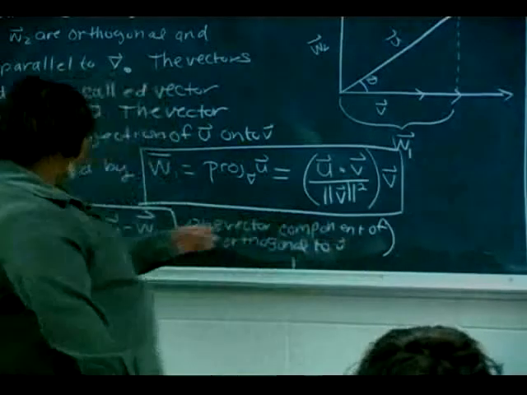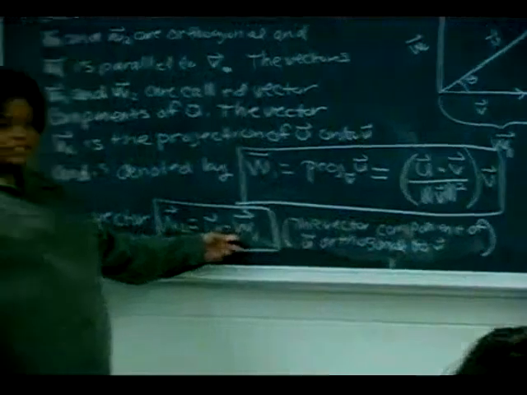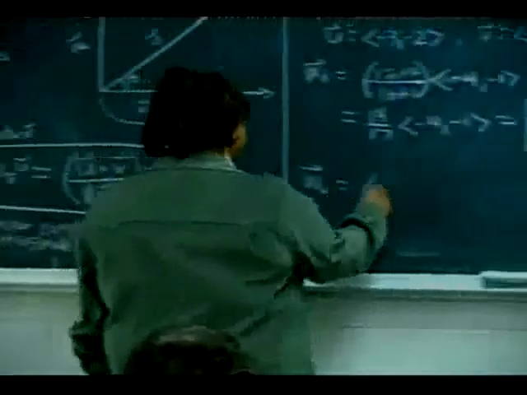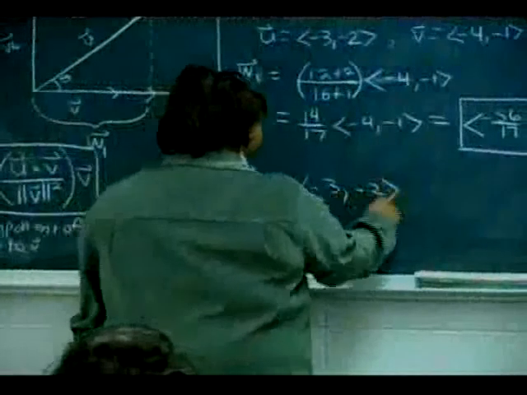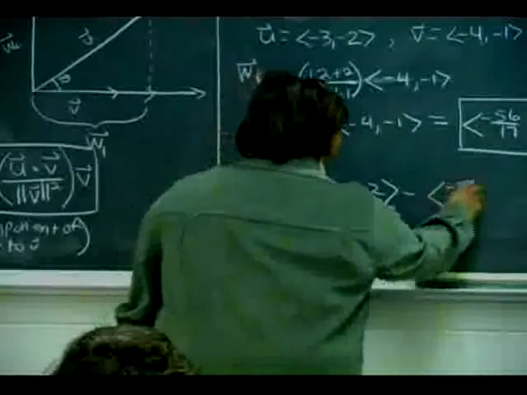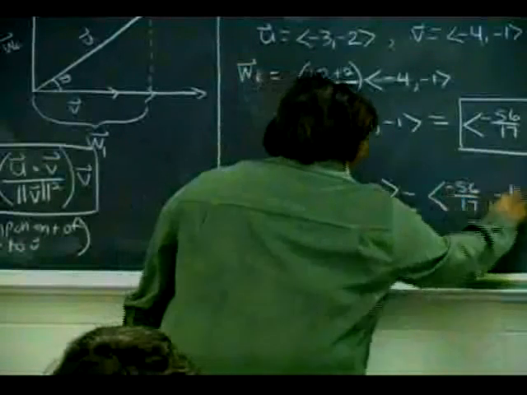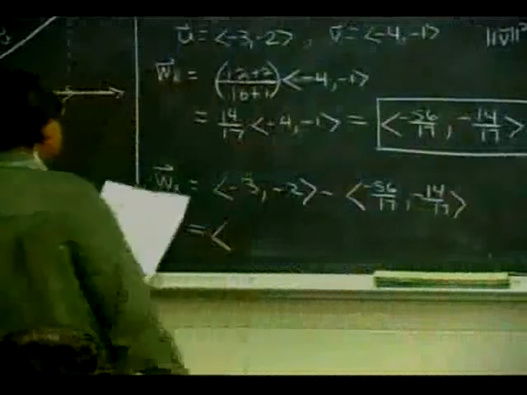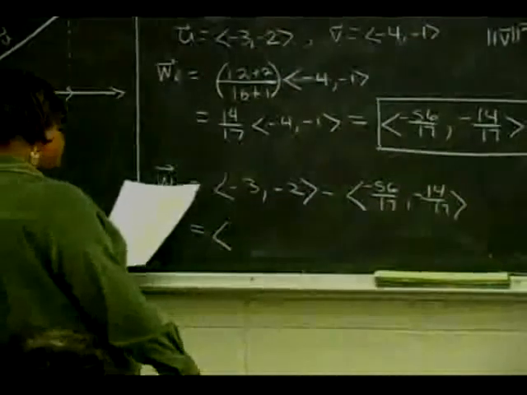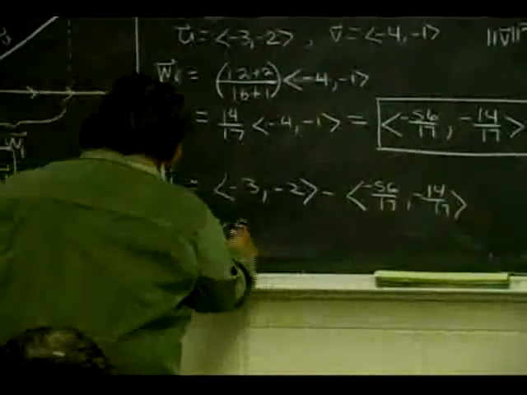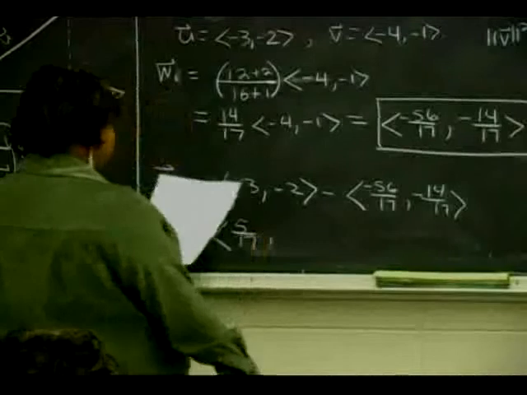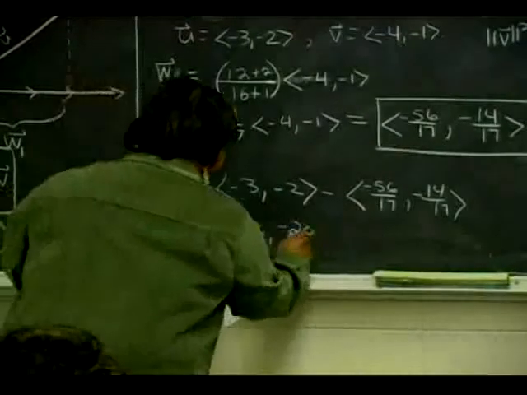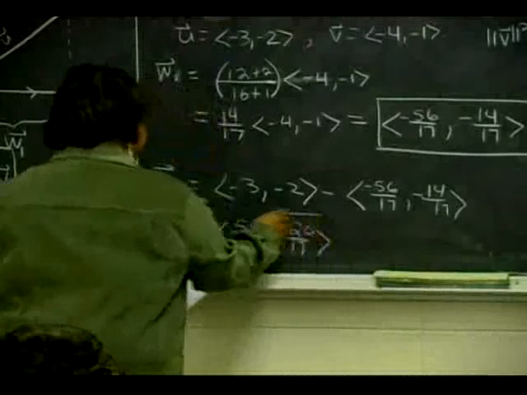What's W2? U minus W1. So U, -3, -2, minus my W1. -3 minus 56 over 17 is a positive 5 over 17. And -2 minus 14 over 17 is -20 over 17.